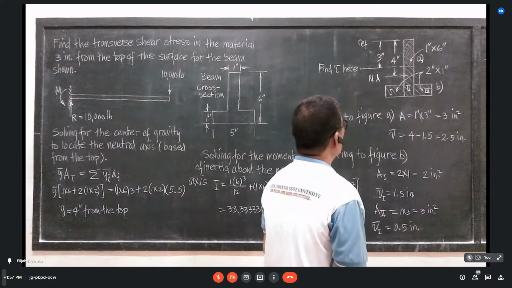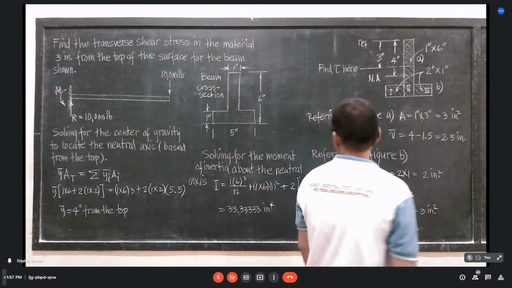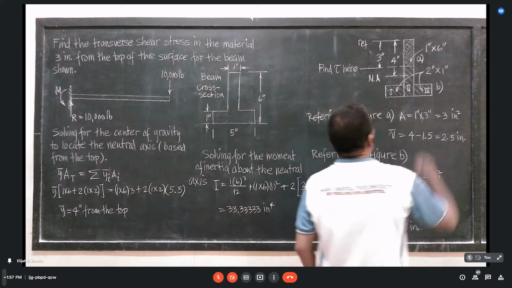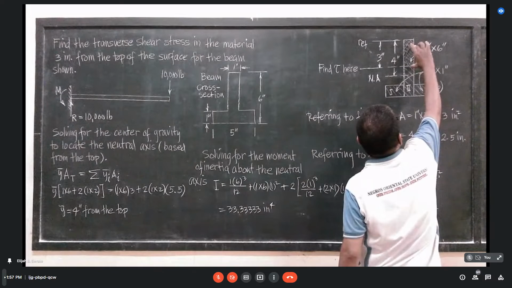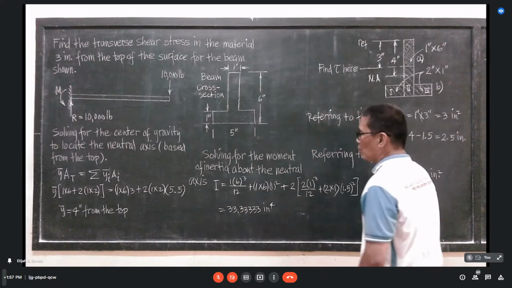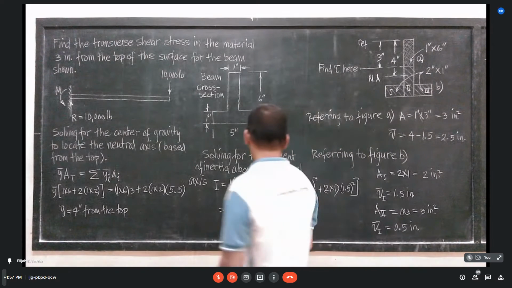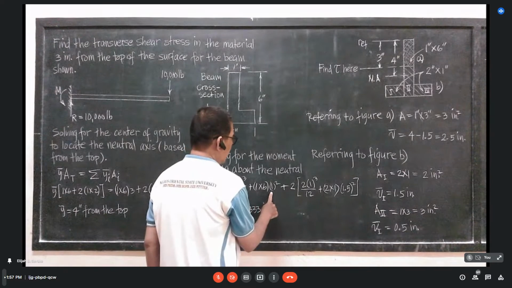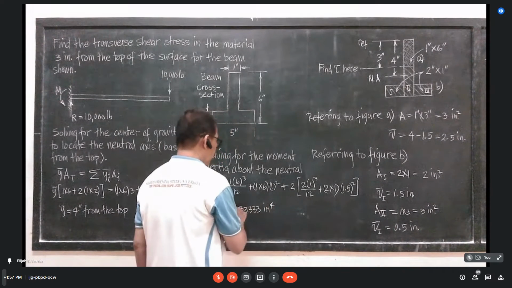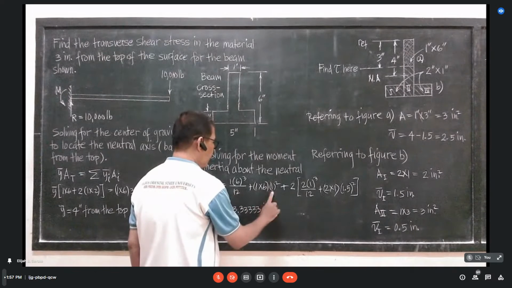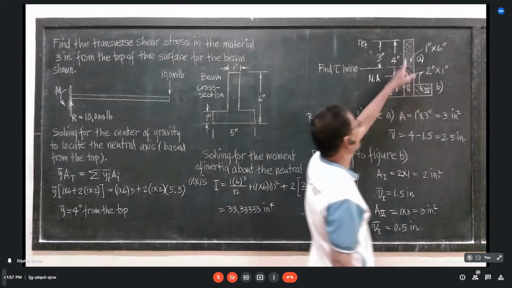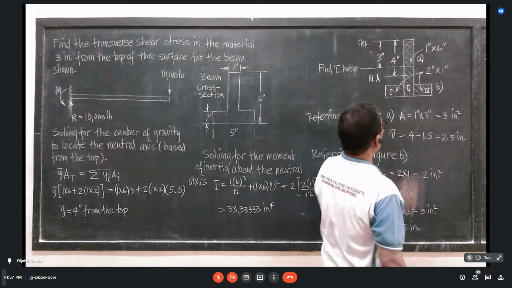This is 4 and this is 3. So it is 1. So area times y bar squared, 1 squared. So this is now the moment of inertia transferred to the neutral axis of this upright rectangle cross section.